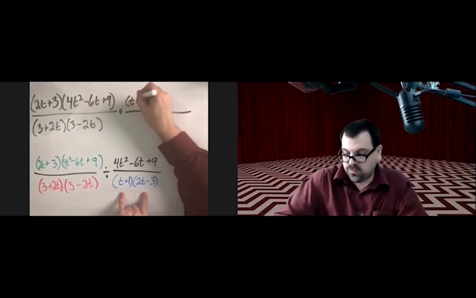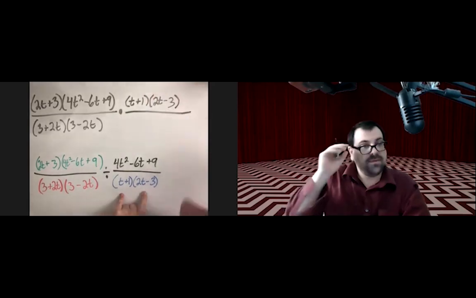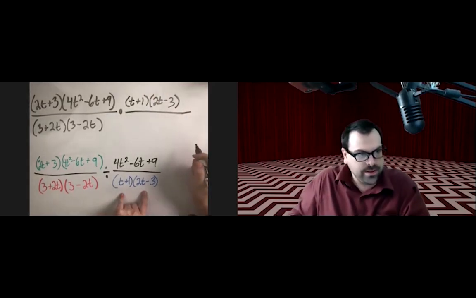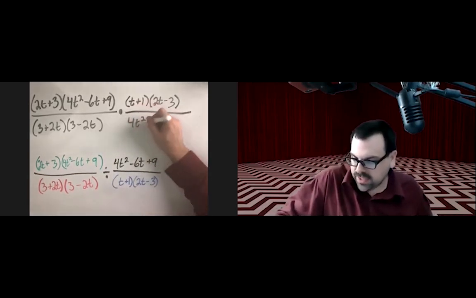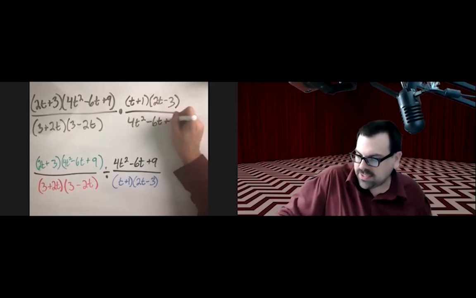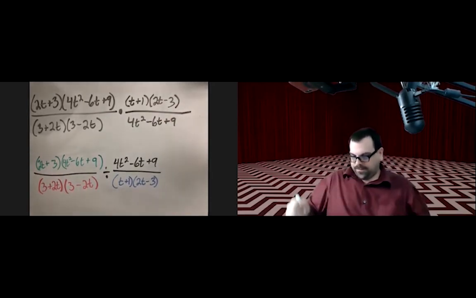So the t plus 1 times 2t minus 3 is on top. And the 4t squared minus 6t plus 9 is on the bottom.